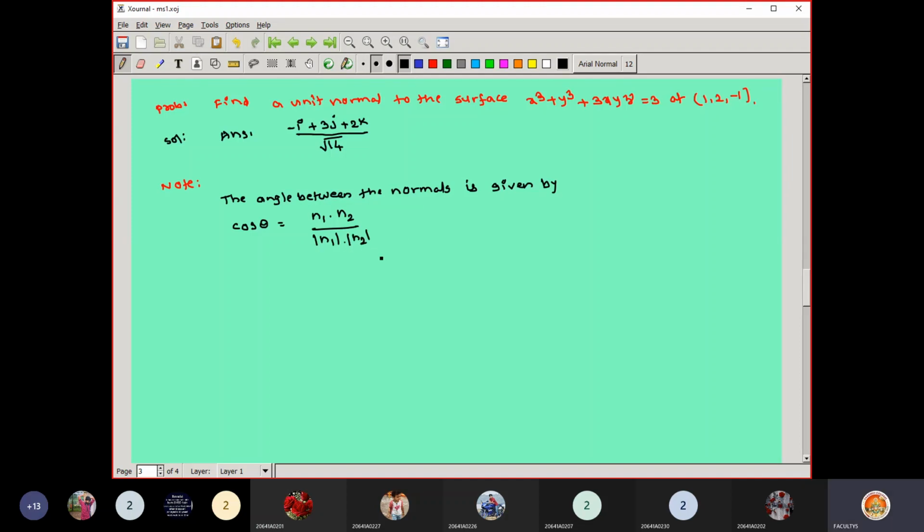I think you completed this in your intermediate level: if A and B are any two vectors, the angle is A dot B divided by modulus of A into modulus of B. The same procedure, but here they have given normal vectors, where N1 and N2 are normal vectors.